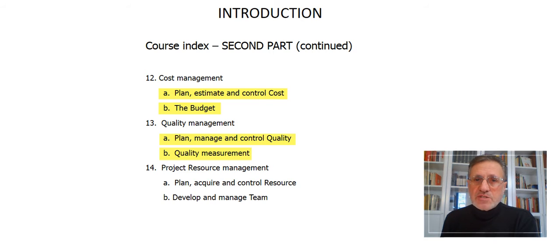Project Resource Management, Lesson 14, identifies all the processes we need to implement to identify, acquire and manage all the resources needed to complete the project successfully. We will describe how to plan, acquire and control resources and how to develop and manage the team.